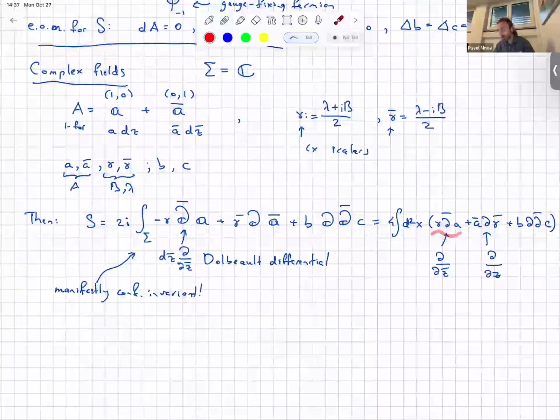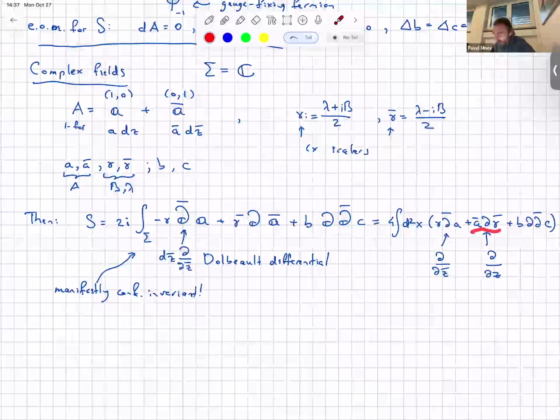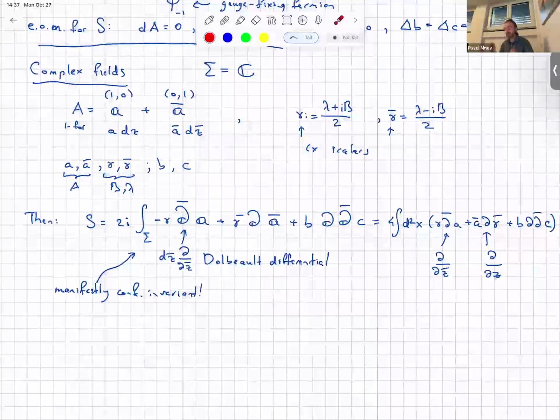This is what's called the beta-gamma or BC system in the standard terminology, but with a particular choice of conformal weights of the fields. This is the holomorphic one, this is the anti-holomorphic one, and this is essentially a complex scalar field, but an odd scalar field. So these are 3 well-known theories.